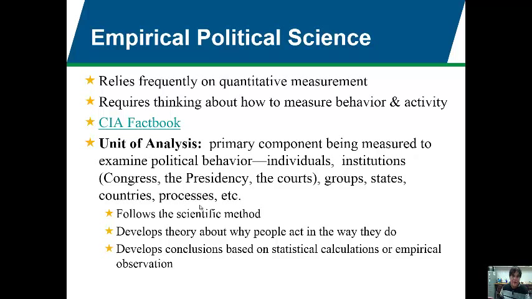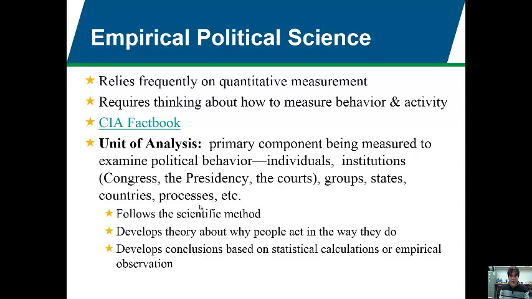Every empirical political science question has a unit of analysis, whether that be individuals, institutions, groups, states, countries, processes, etc. We try to narrow it down to one unit of analysis that we can actually observe and collect data on. It follows the scientific method. If you remember back to your 8th grade middle school teachings, you formulate a hypothesis, you observe, you run experiments and things like that.